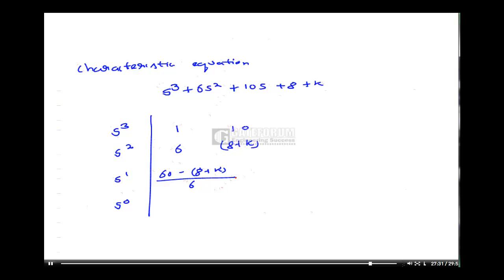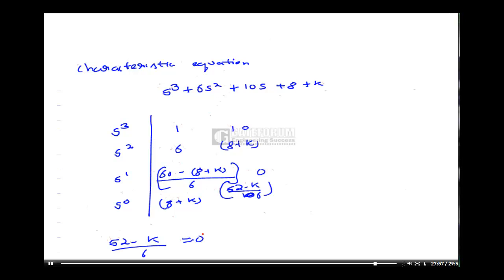This will be 0. This is again 8 plus K. So I can write this term as (52 minus K) upon 6. For marginal stability, (52 minus K) upon 6 equals 0.